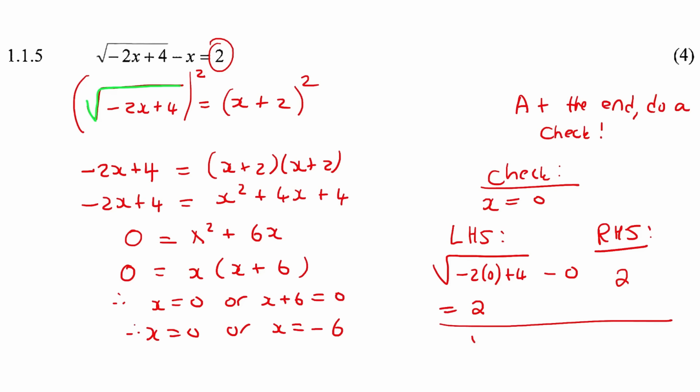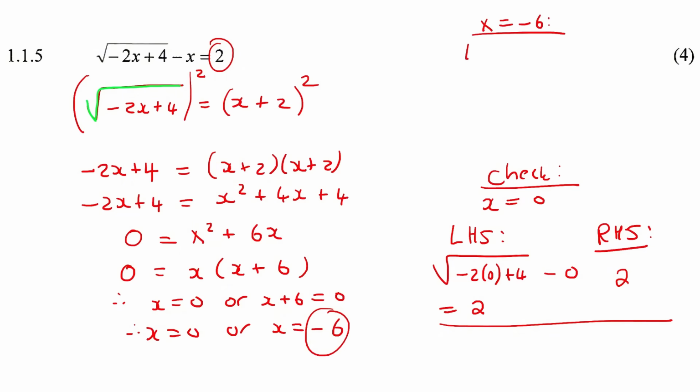Now let's try with x equals, what was our other answer, guys? Minus 6. Let's do that one up at the top here. So if x equals minus 6, same thing. You plug in on the left-hand side, and so that's going to become minus 2 times minus 6 plus 4, minus, and then x is minus 6.